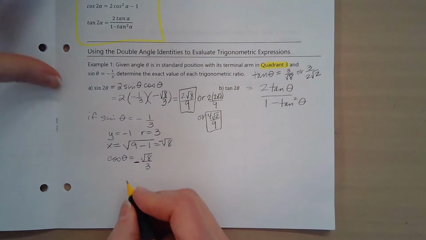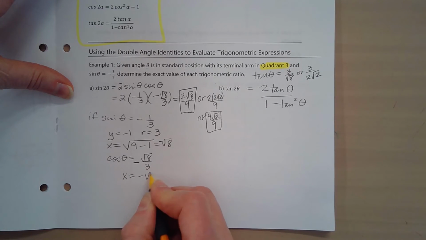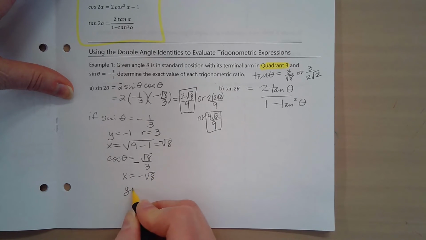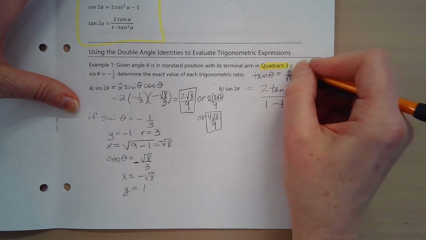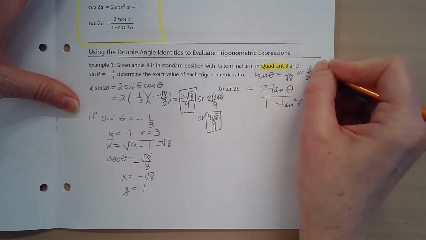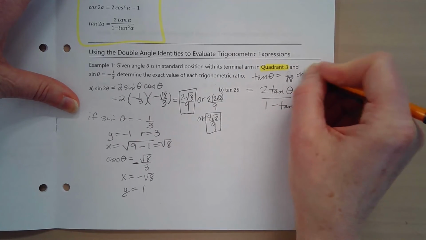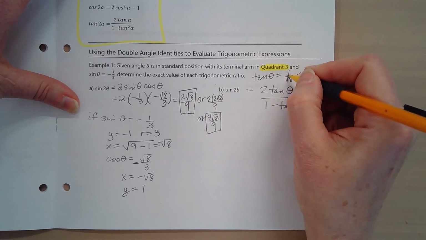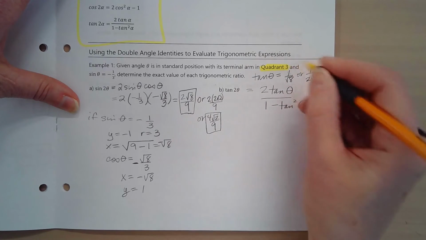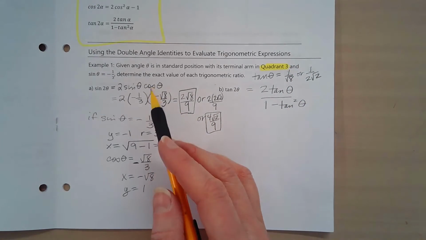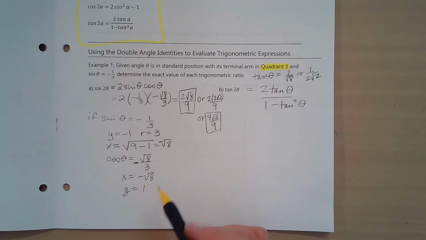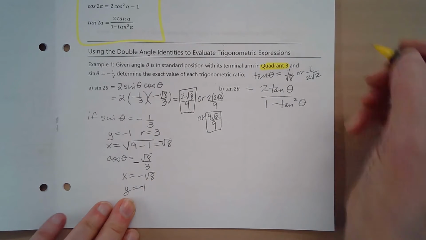What do I have here? So I've got x equals negative root 8, right? Y equals negative 1, yes, thank you. And why is tan positive? Quadrant 3, right? So y is negative, x is negative, so tan is positive.